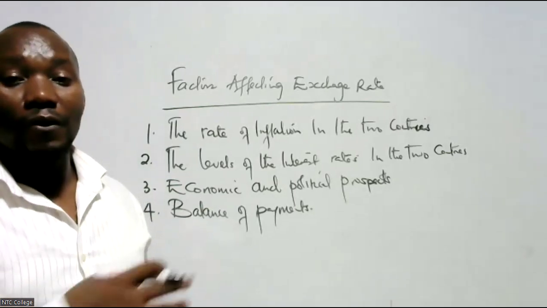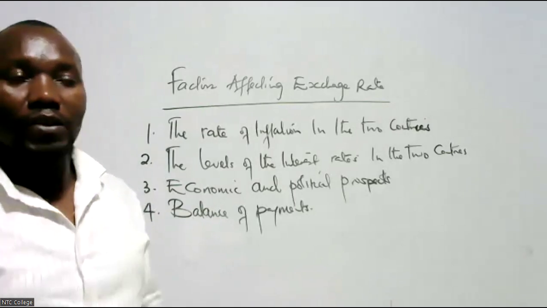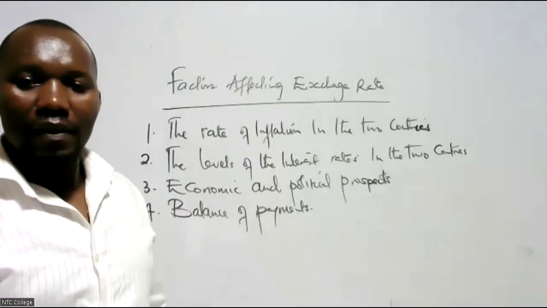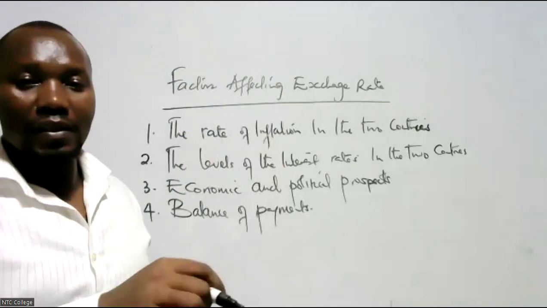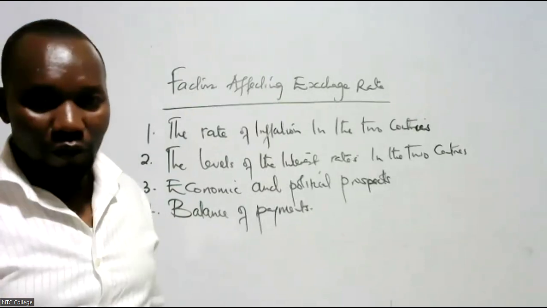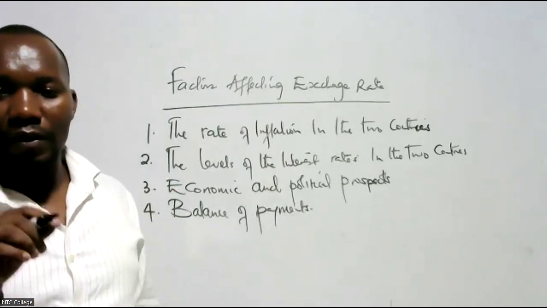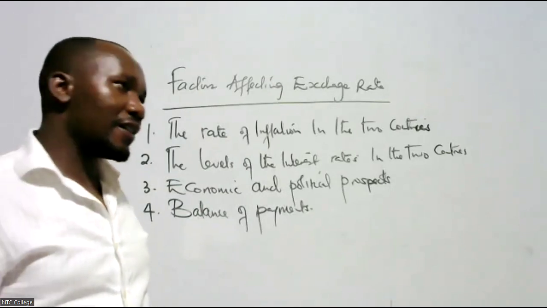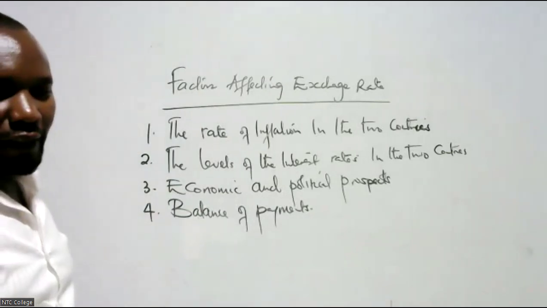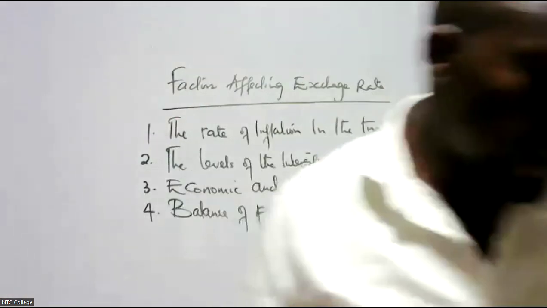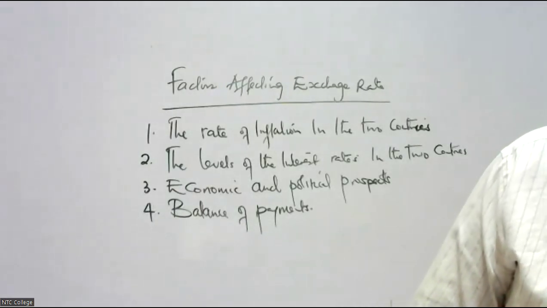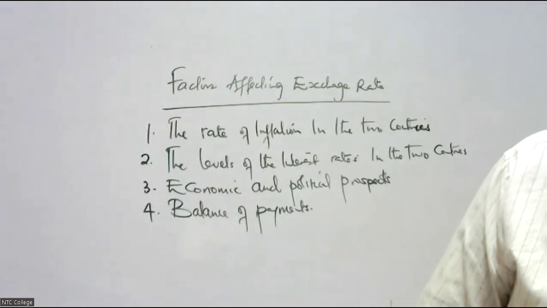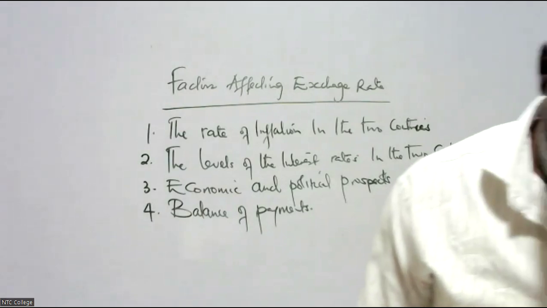You will keep on looking for the foreign currency to convert so that you go and purchase. That makes the foreign currency scarce, but your local currency more. And that is how the exchange rates are affected. When a foreign currency is scarce, the exchange rate now goes up. Their prices go up because of scarcity.